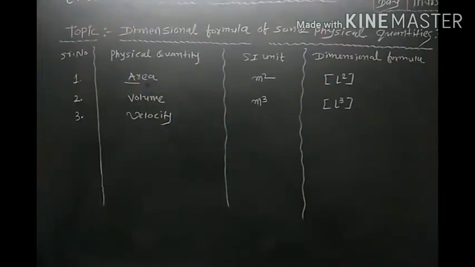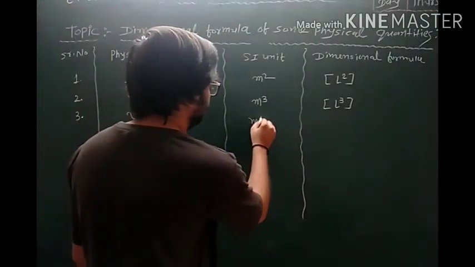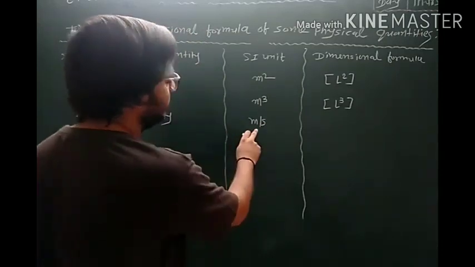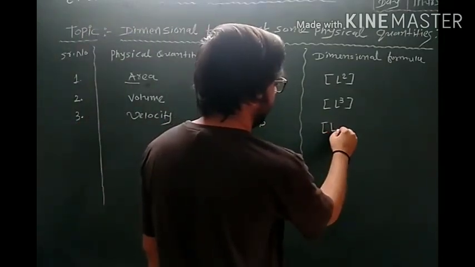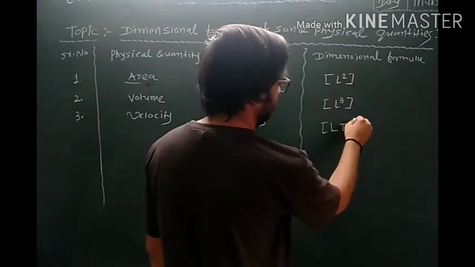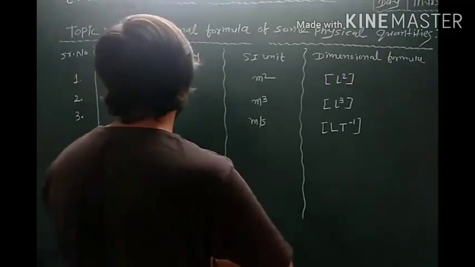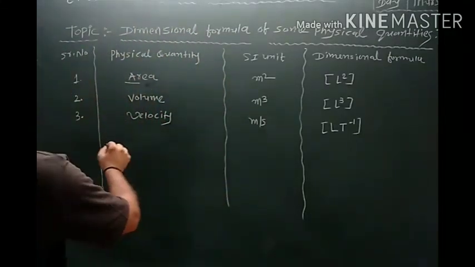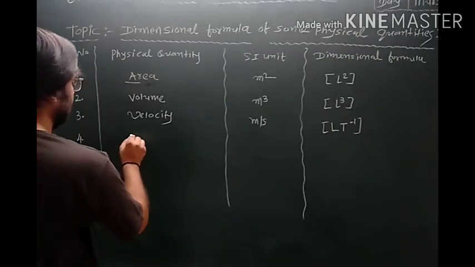Now the third one, we take velocity. We already know that velocity is measured in meter per second, so the SI unit of velocity is meter per second. The dimensional formula of velocity is L into T raised to the power minus 1. Now another physical quantity is acceleration.